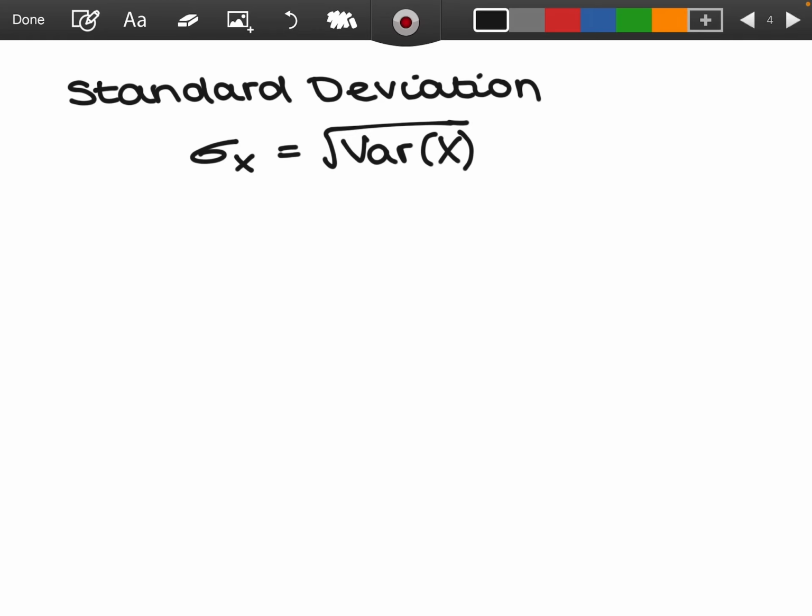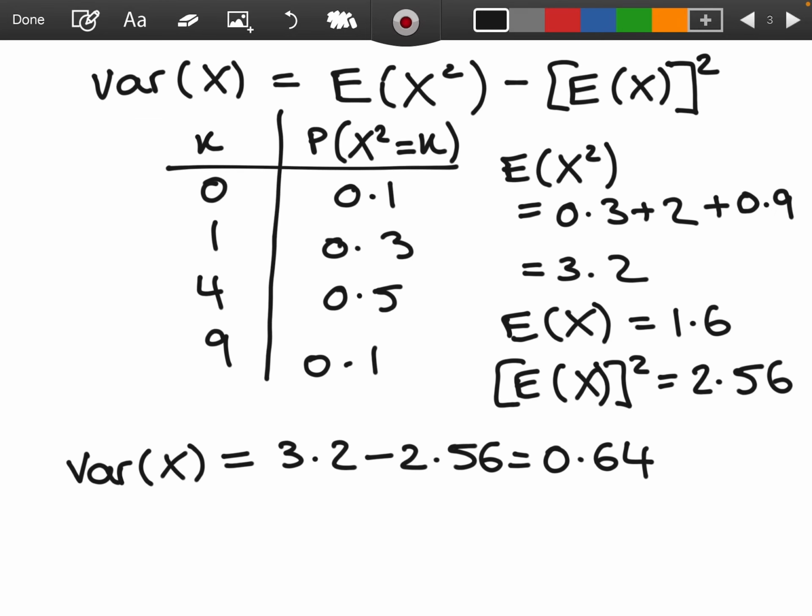The reason for the standard deviation is that it still gives us a measurement of the spread of data, how far your data points are away from the mean, but now we are back in the same units that we were originally in for our problem. That's why it's used. So if we go to our previous problem and we had to find the standard deviation, it would just be the square root of 0.64, which is 0.8.